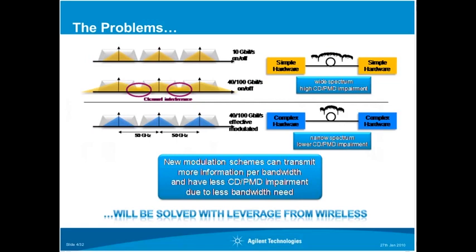In those days, this 10 gig infrastructure has been installed looking forward to 40 gig, so it's not that bad, but people did not really consider 100 gigabit at that time. So the challenge is to squeeze a 100 gigabit spectrum into maybe 50 gigahertz channels. So you only have the 50 gigahertz bandwidth available, and you somehow have to compress the spectrum of your 100 gigabit signal into that.